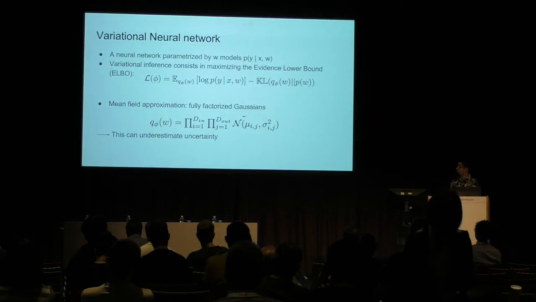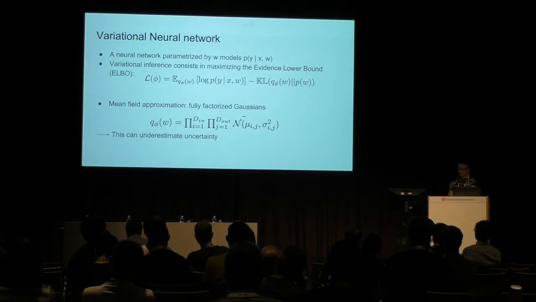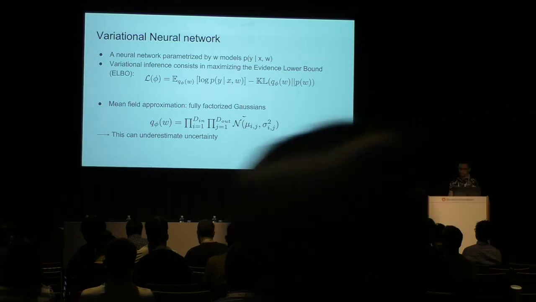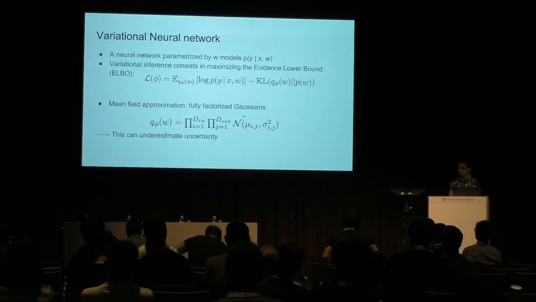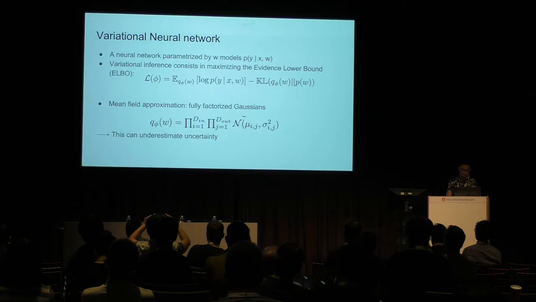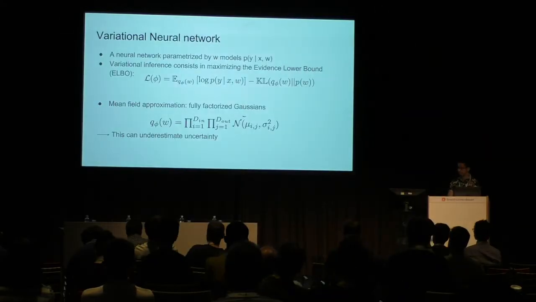The first term is the expectation, with respect to the approximate posterior, of the log likelihood, and then there is the KL divergence between the approximate posterior and the prior, which is the regularization term. A straightforward way is to use the mean field approximation, which assumes a fully factorized Gaussian. This is a very restrictive approximation, and it can underestimate uncertainty.